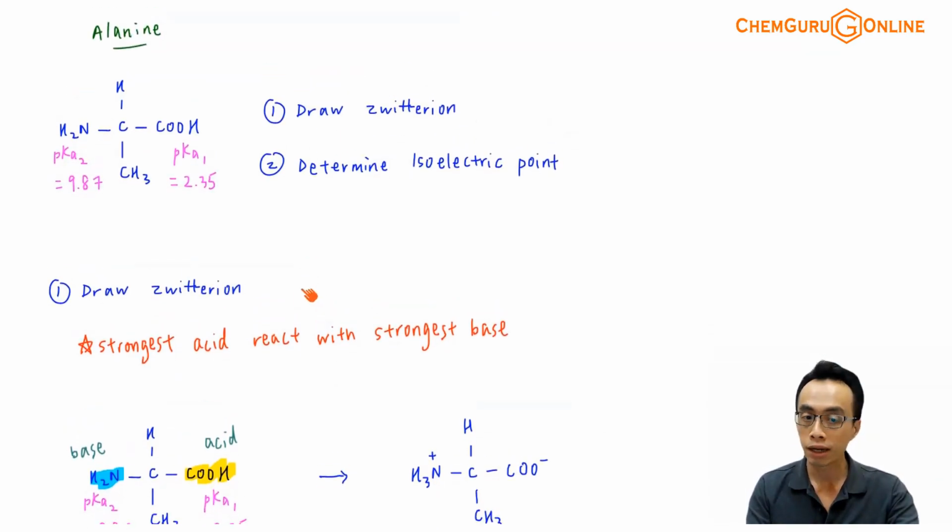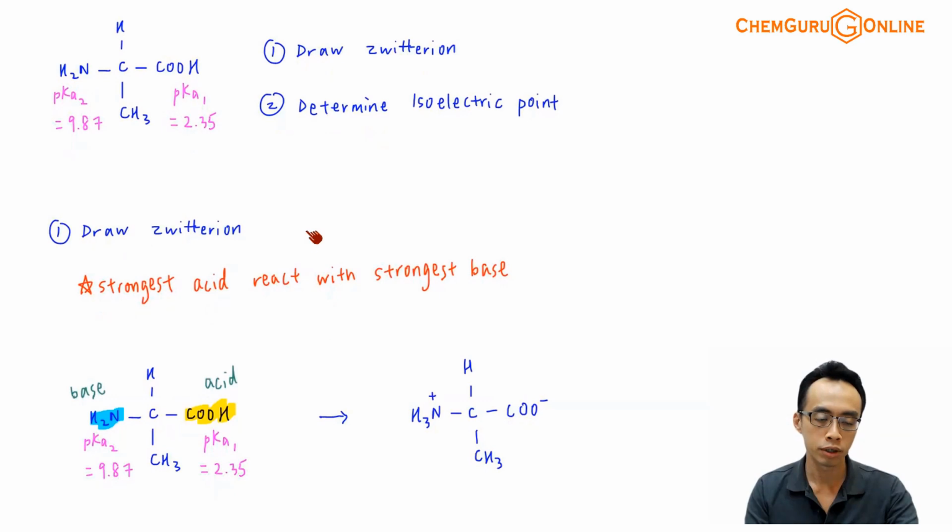Involving alanine, this is fairly simple because very nicely, I only have one acid and one base. The acid will be the proton donor. The base will be the proton acceptor. So there's only one acid reacting with one base. Your COOH will lose the H+ and become COO-, and your NH2 will gain an H+ and become NH3+.